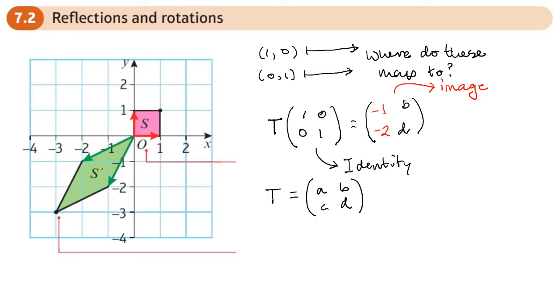And if I look at the other point, which is 0, 1, the second column, where does this one go? Let's say this one went here, then that is -2, -1. So that would be the transformation matrix there. We use the points 1, 0, 0, 1 because it's basically the identity matrix. We could use any points we wanted to see what the transformation is, but this is the easiest way to do it.